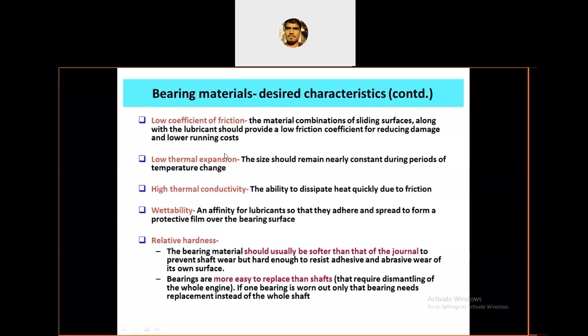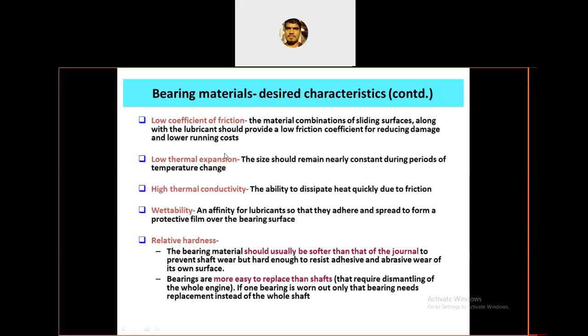What happens? Whatever velocity the surface has, the lubricant has the same velocity. Clear? Because of that velocity, it may increase the pressure. If the pressure increases, the load carrying capacity of the journal also increases.